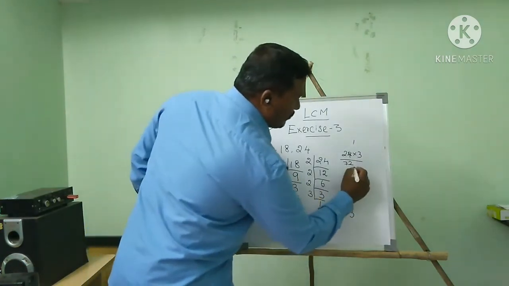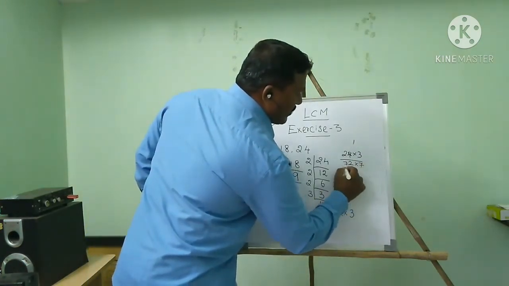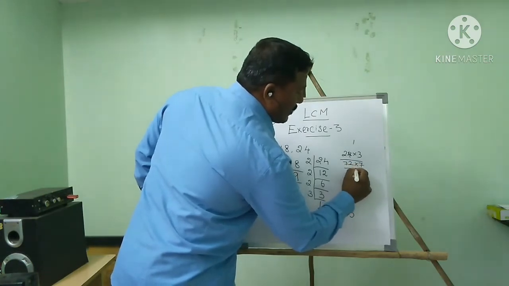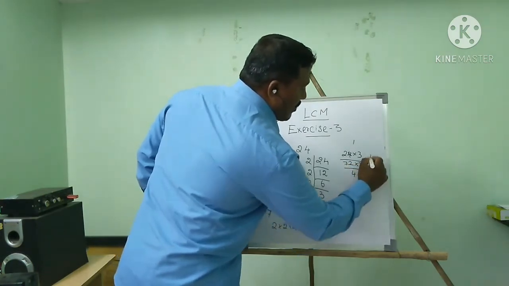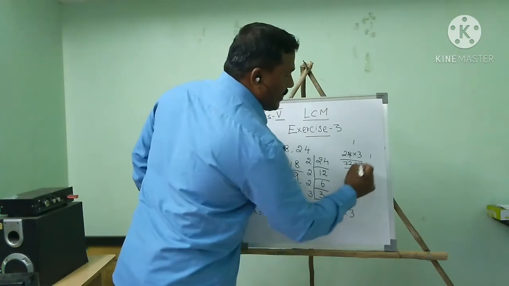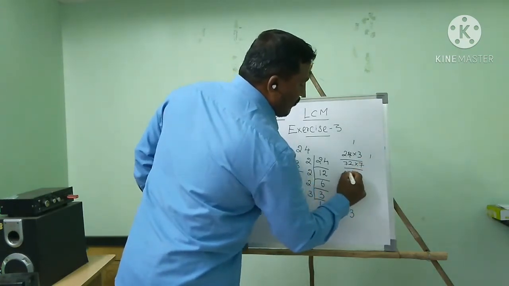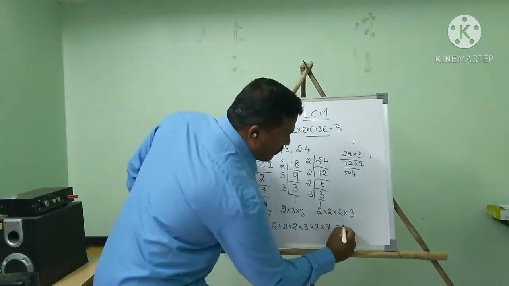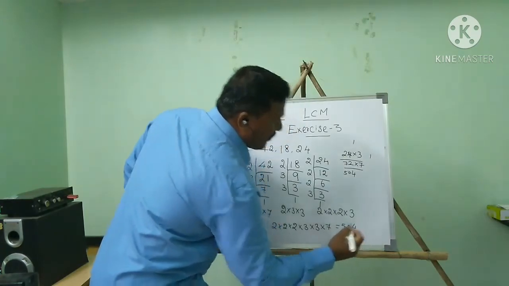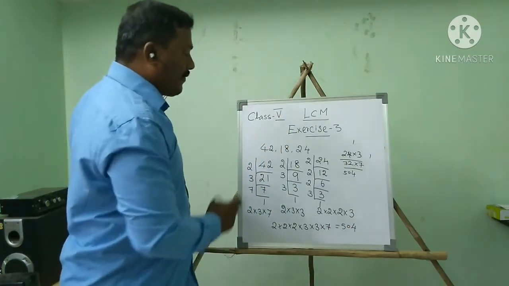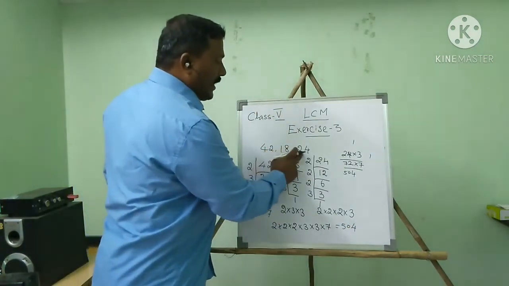Then 72 into 7: 7 2s are 14, remainder 1, 7 7s are 49, plus 1 is 50. So 504 is the lowest common multiple of 42, 18 and 24.